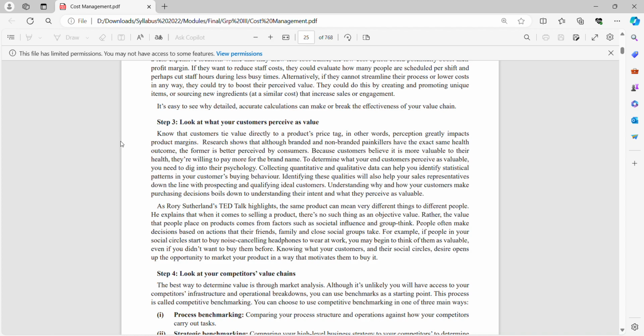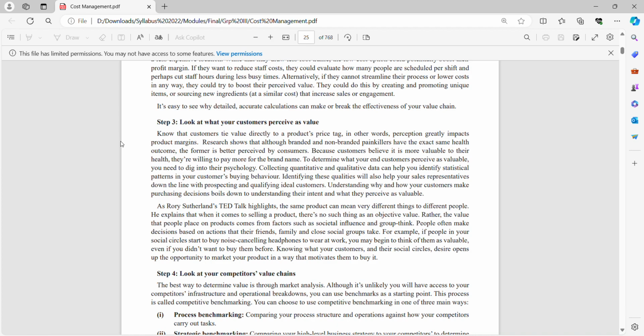So look at what your customers perceive as value. How your customers look at the product, what they want from you for the product. Qualitative data, quantitative data you need to collect. You need to identify statistical patterns related to your customers.